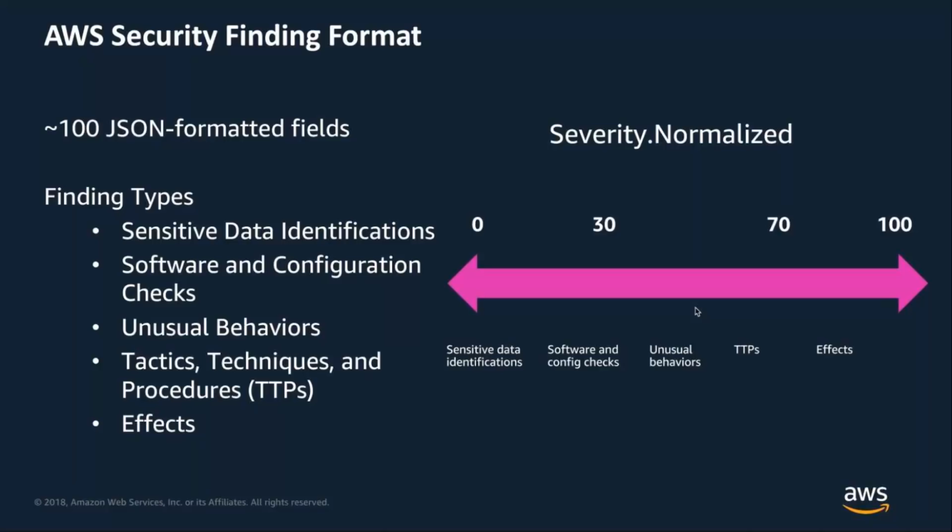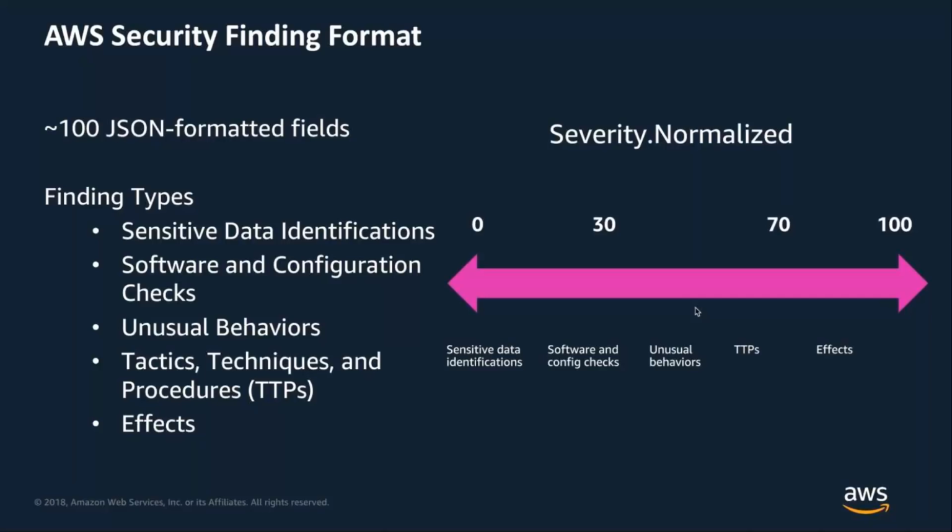Now, this is pretty high level, and there's still lots of latitude for how partners actually do their scoring, but we've given partners some high level but important guidance about how to think about severity scoring. So every finding that comes to us has both the original severity score that the provider or partner created, and also a normalized severity score that's aligned to this 0 to 100 scale.